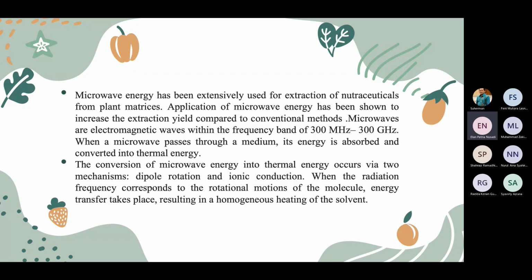When a microwave passes through a medium, its energy is absorbed and converted into thermal energy. The conversion occurs via two mechanisms: dipole rotation and ionic conduction. When the radiation frequency corresponds, rotational motion of the molecules and energy transfer take place, resulting in homogeneous heating of the solvent.